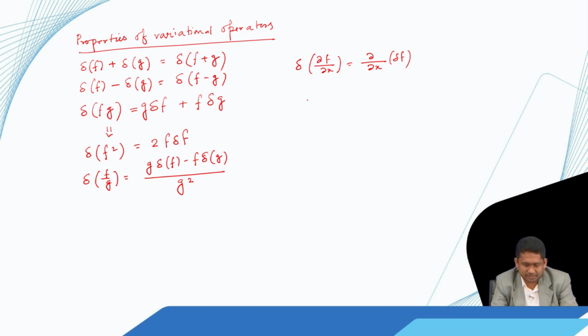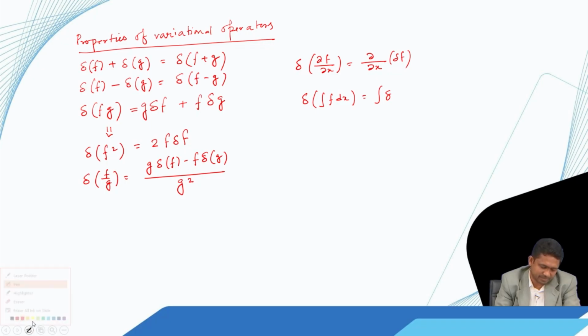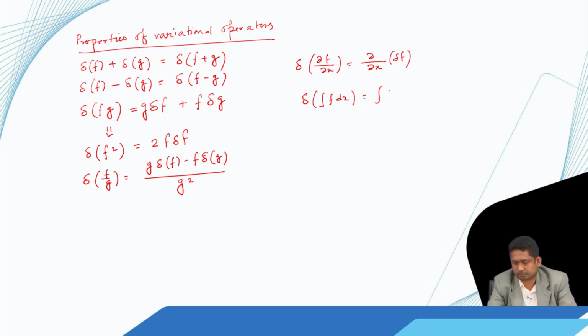Similarly, if I integrate a function f and take variation, that is equal to taking the variation first and then integrating. So, these are the properties which will be very useful for us. We will frequently use these properties when we do energy or virtual work based analysis.